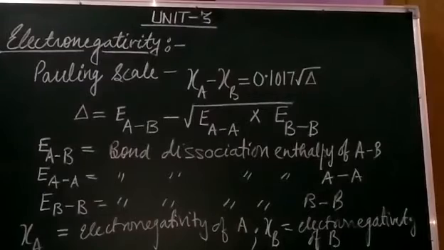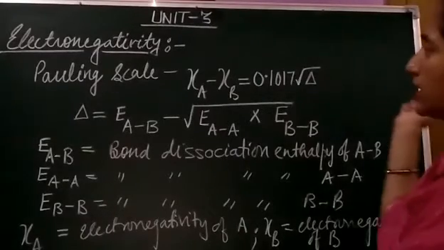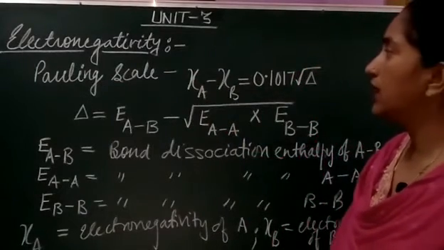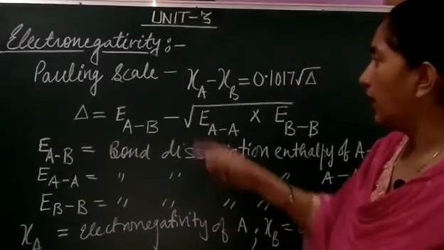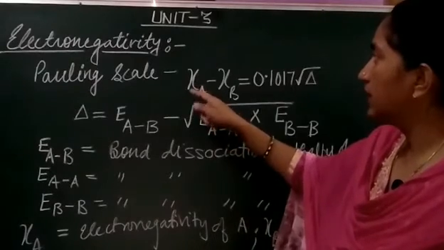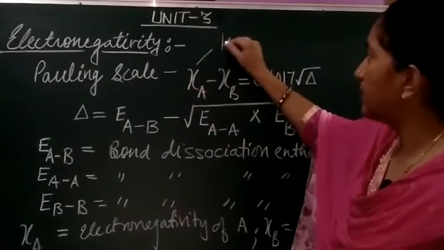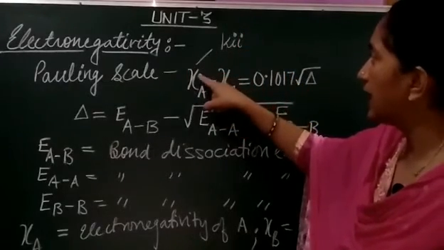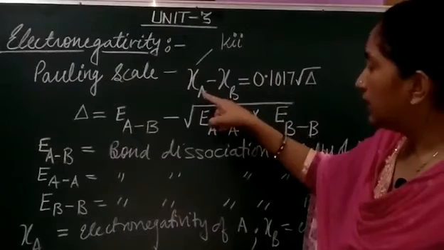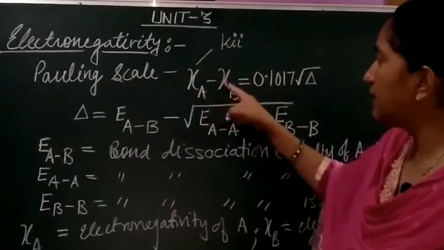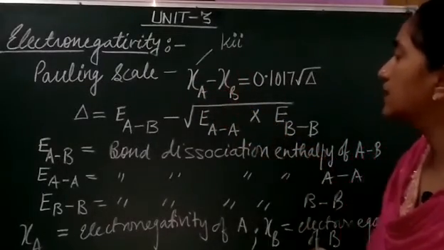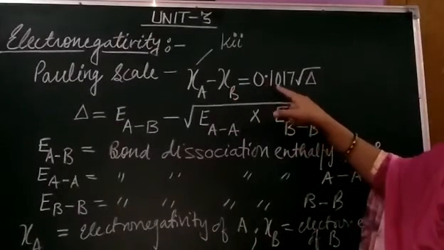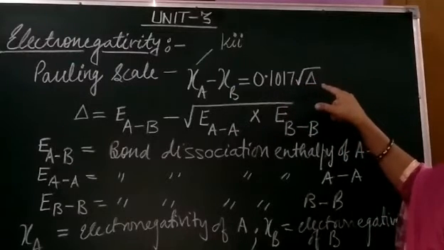Now students, here we are going to see the Pauling scale formula for determining the electronegativity of elements A and B. Here the symbol appears like an X, but I'm going to pronounce it as chi. Now chi A minus chi B, the electronegativity difference between elements A and B, is equal to 0.1017 under root delta.